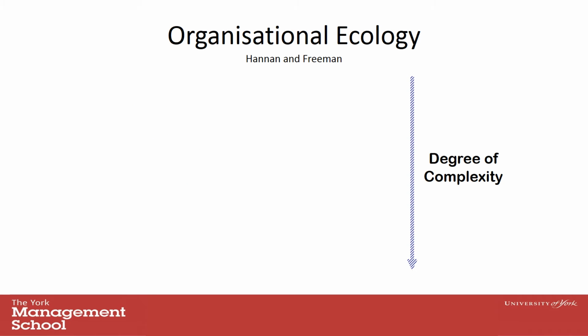We break this down in another way. Hannan and Freeman looked at organizational ecology, and they said that individuals as members have a much simpler approach. We can understand fully, or to a great extent, how one individual operates, and individuals cluster together to make subunits, smaller units within an organization that allow people to work together. Again, we see very few transactions and interactions between them.